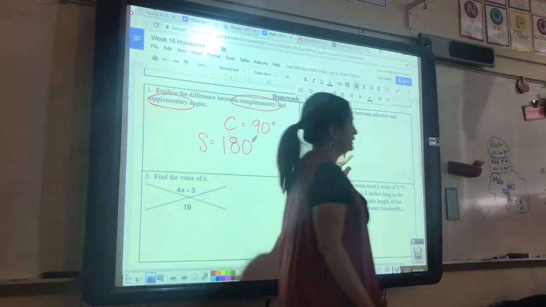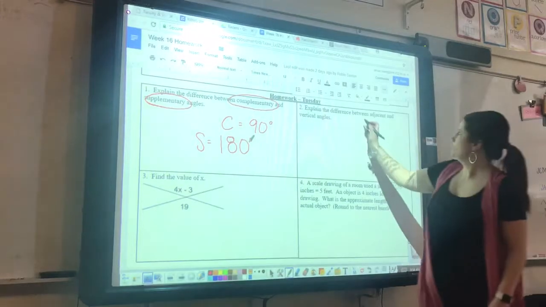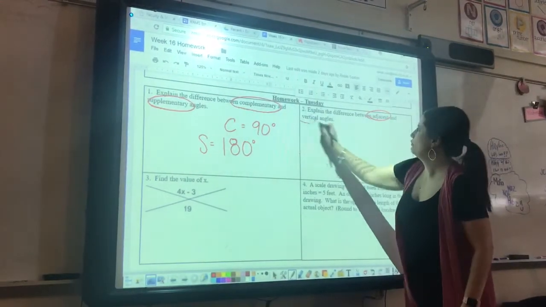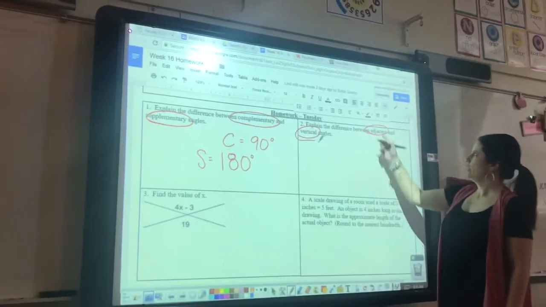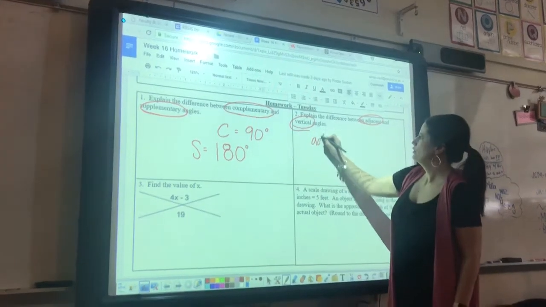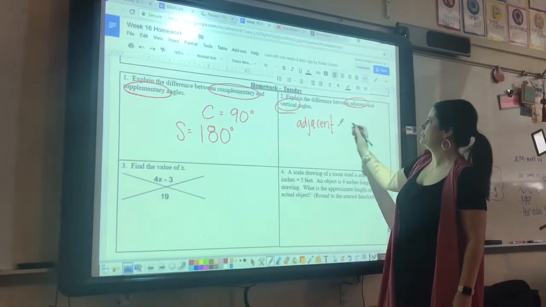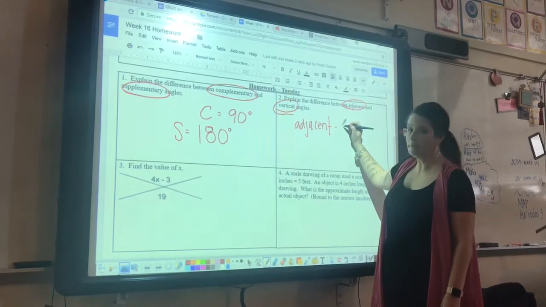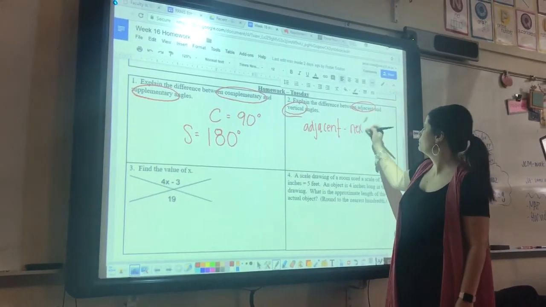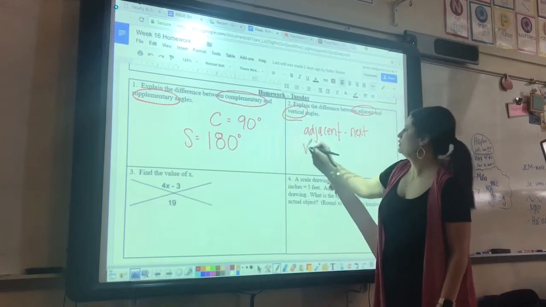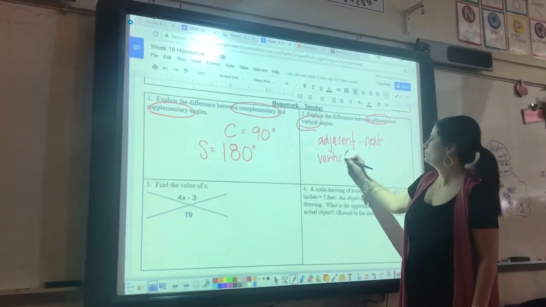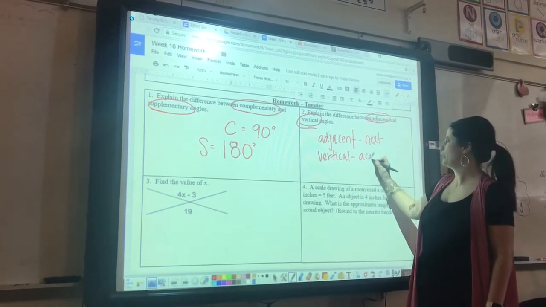Moving over to adjacent and vertical, again, two really important vocab words that we need to continue with. Adjacent angles, and again, this should be in complete sentences, not shorthand the way I'm writing. Adjacent are angles that are side by side or next to each other. Vertical angles are angles that are across from each other.